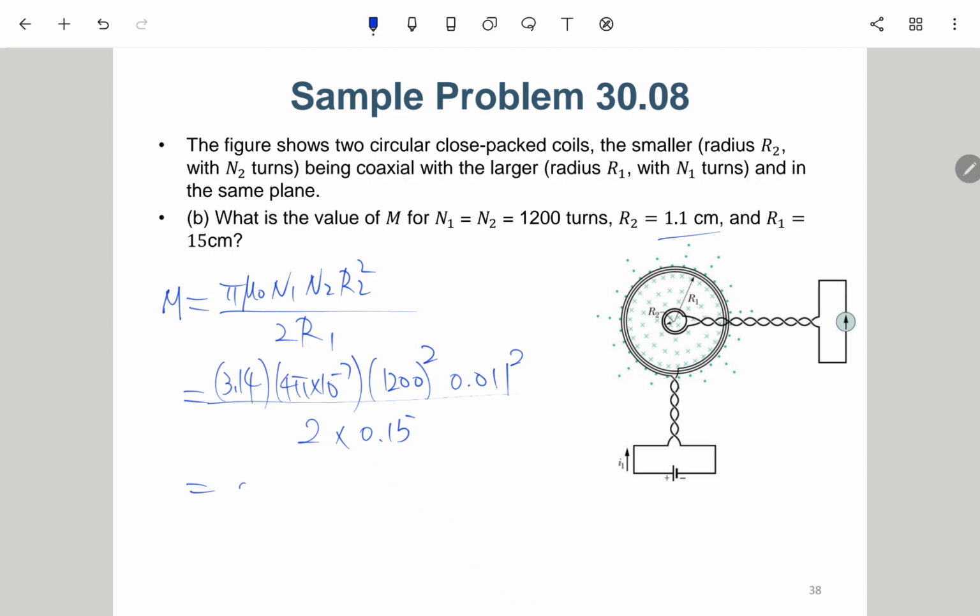So it is 2.29 millihenry. It should have the same SI unit as a normal inductor.